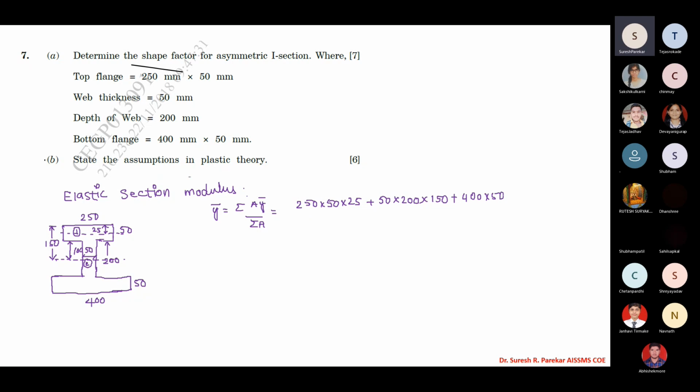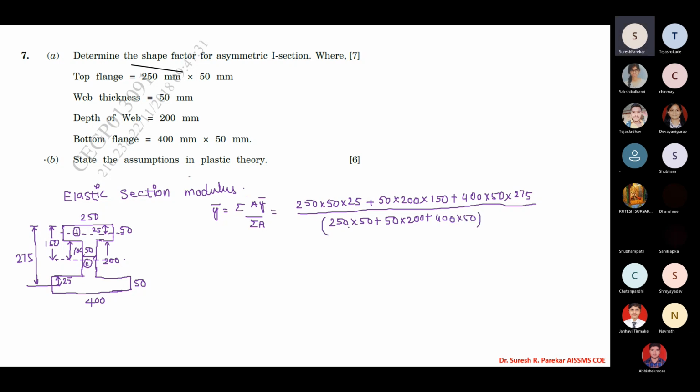400 into 50 into, sorry, distance from top to the center. So we have this as 25. So 250 plus 25, 275. So into 275 divided by total area, 250 into 50 plus 50 into 200 plus 400 into 50.